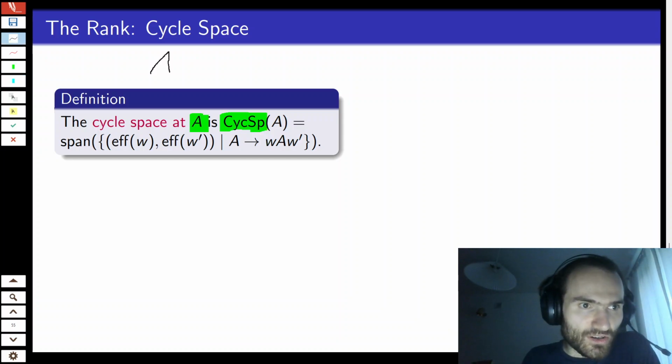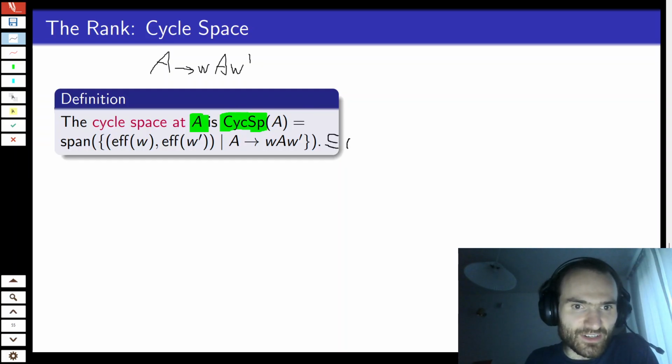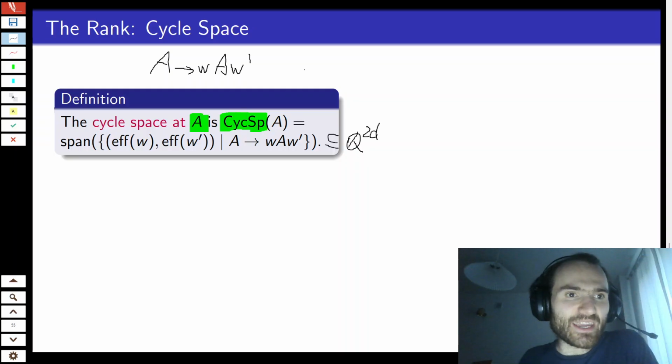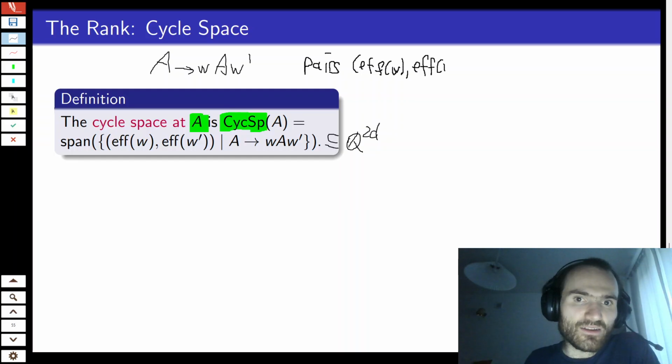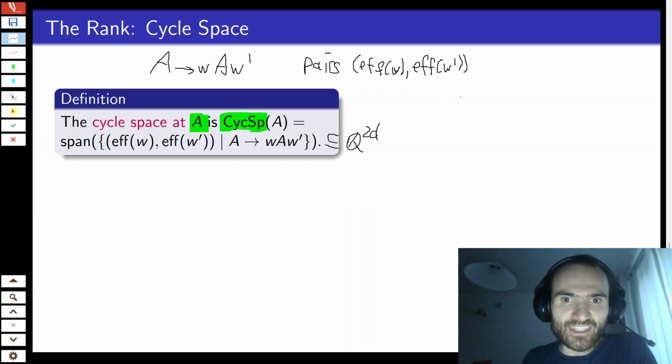So you take all cycles A goes to W A W prime, and you consider the vector space, I did not write it, but this is contained in Q to the 2D. You consider the vector space spanned by pairs effect of W, effect of W prime. Or if you want to think about it, you can also say, and we are thinking about the cycle space in the 2D VASS.